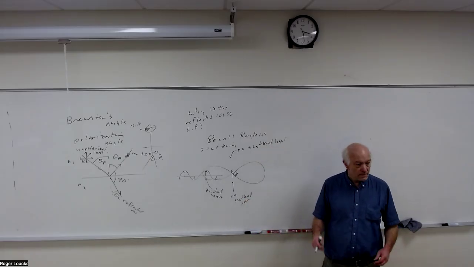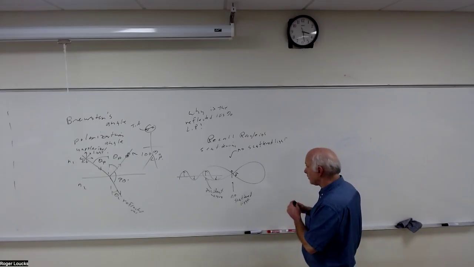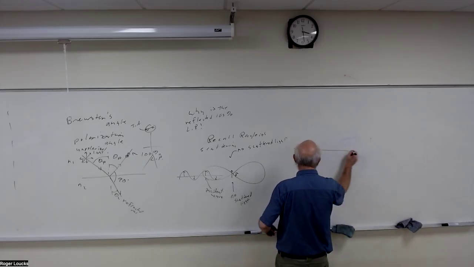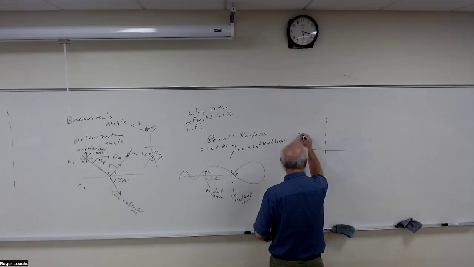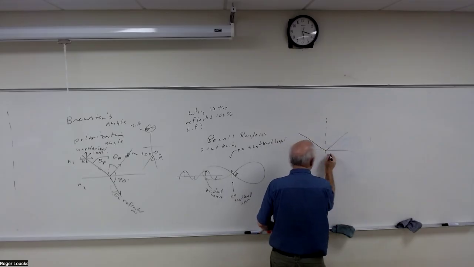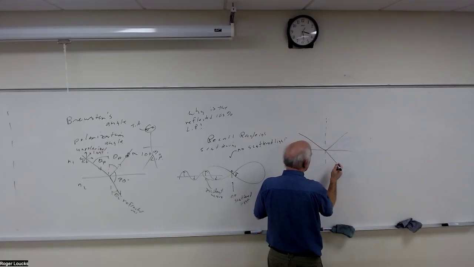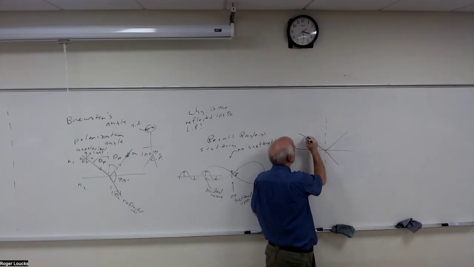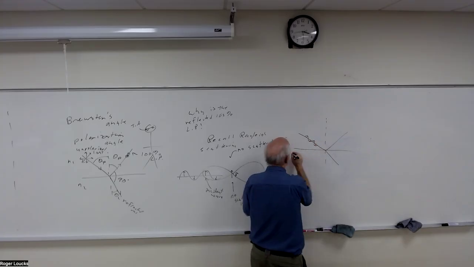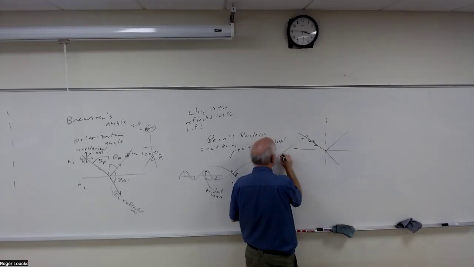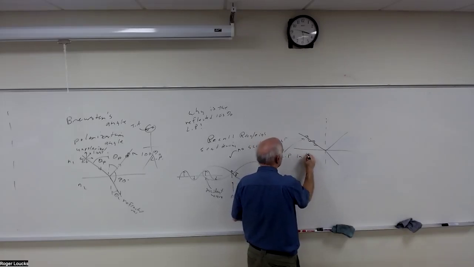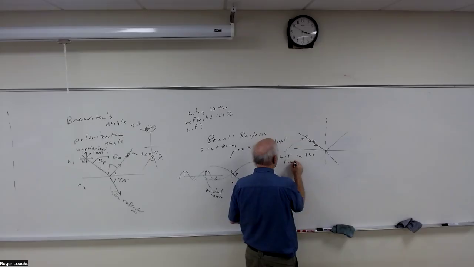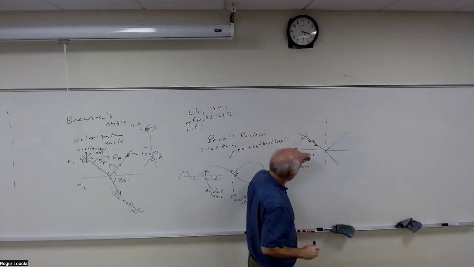Now, how does this all tie together? Let's look over here. Let's say these two are 90 degrees, and the light is linearly polarized in the incident plane, so the electric field is going like that.